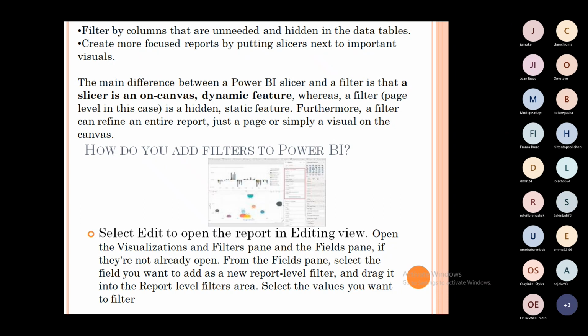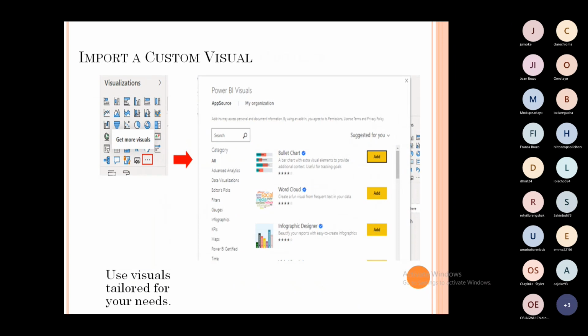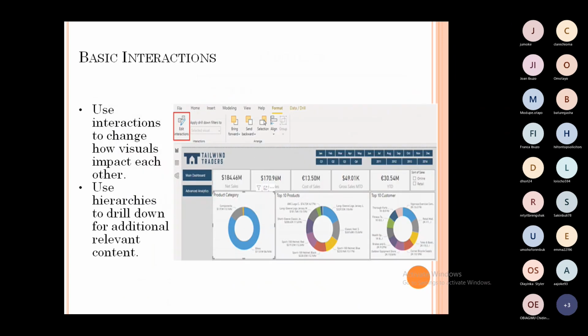But that's the difference. So how do you add filters to Power BI? You select edit, and we're going to go through that. Then adding visualization to reports, like I mentioned. Basic interactions: use interactions to change how visuals impact each other.